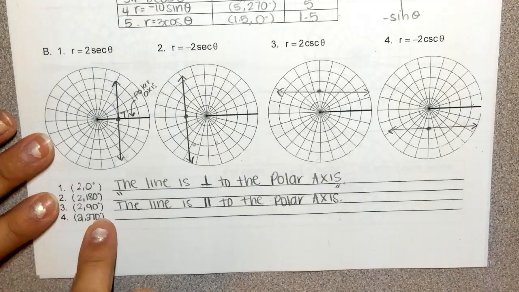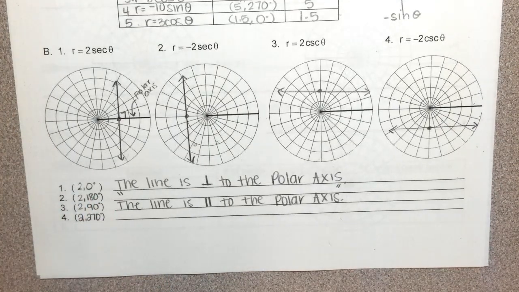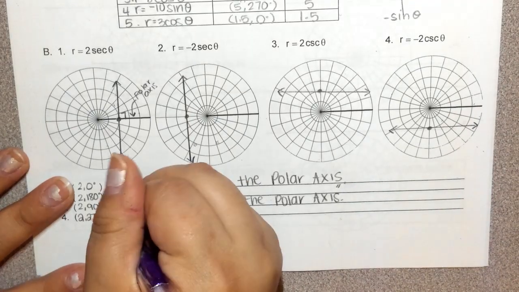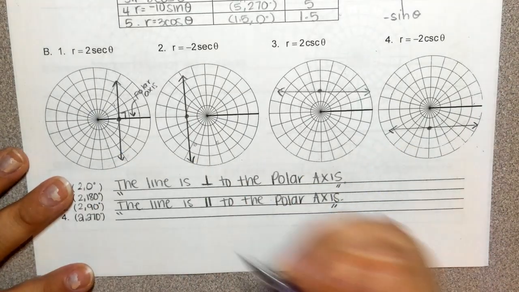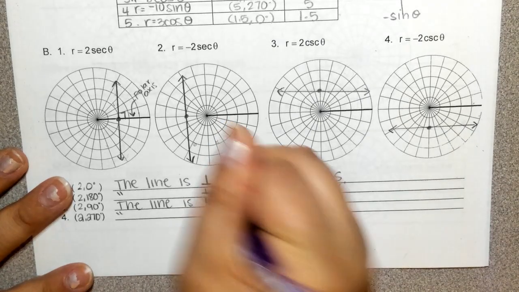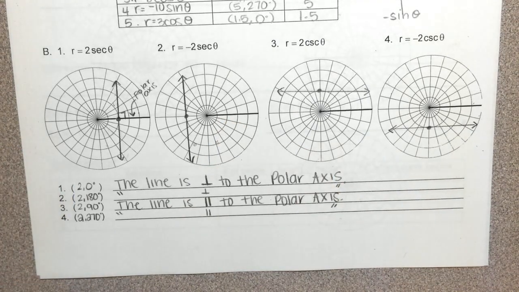By the way, if you don't have a degree sign on these points, that's points off. I'll probably ask you to do things in radians, but because this asks you to set them in degree mode, we're doing degrees. And then what is this line? It's parallel. Okay? Questions?